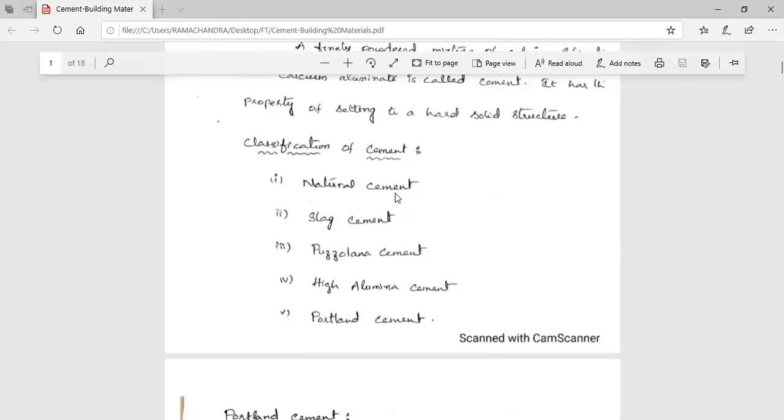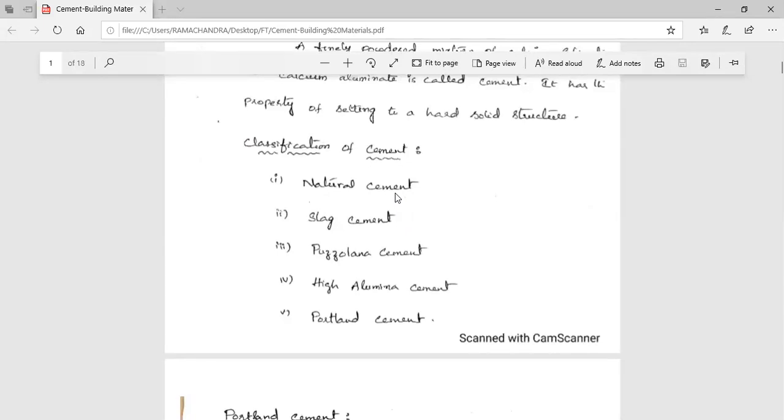During heating, silica and alumina present in the clay react with the lime to produce calcium silicate and calcium aluminate. This mixture gives natural cement.